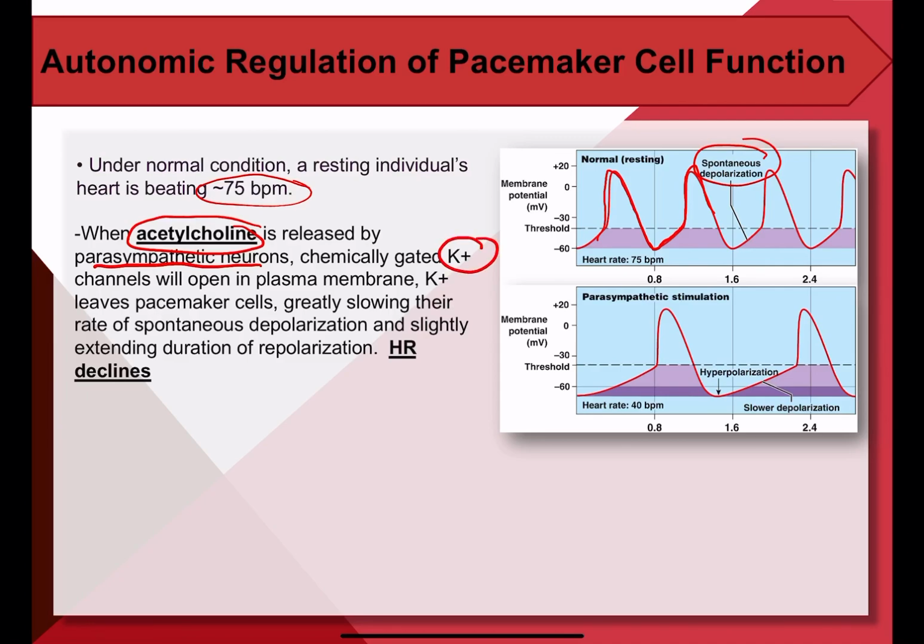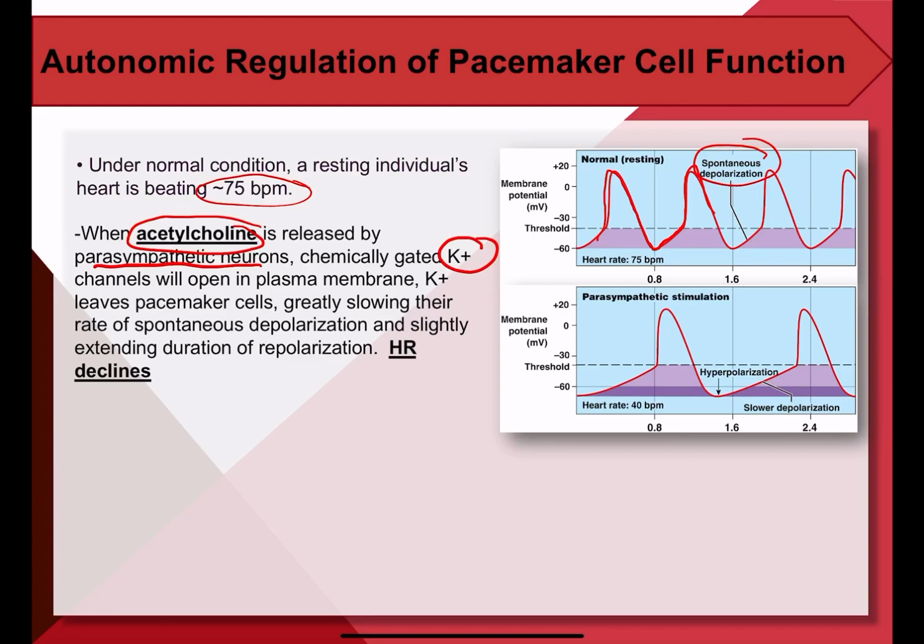Remember, when potassium channels are open, it causes hyperpolarization, which means it is harder for the depolarization to occur because it needs a lot more voltage change to get to that threshold.